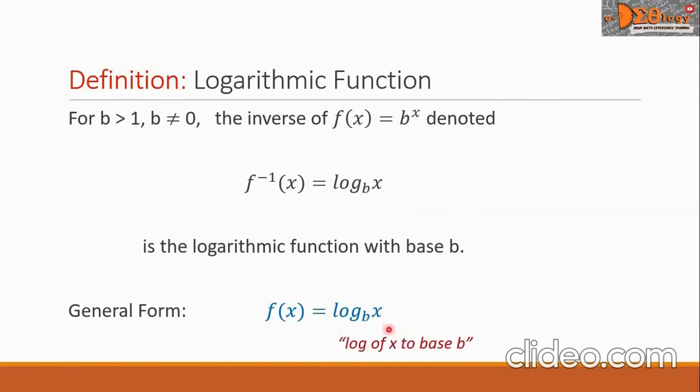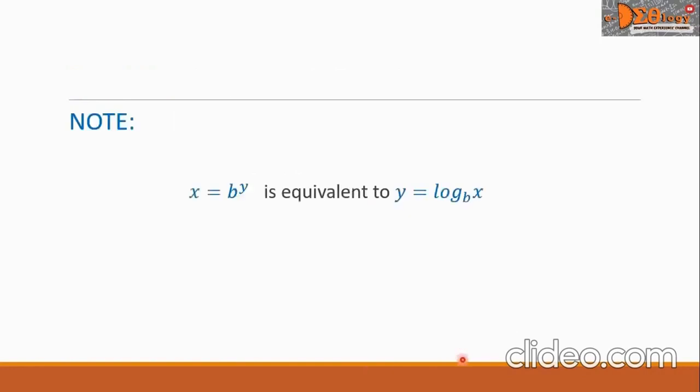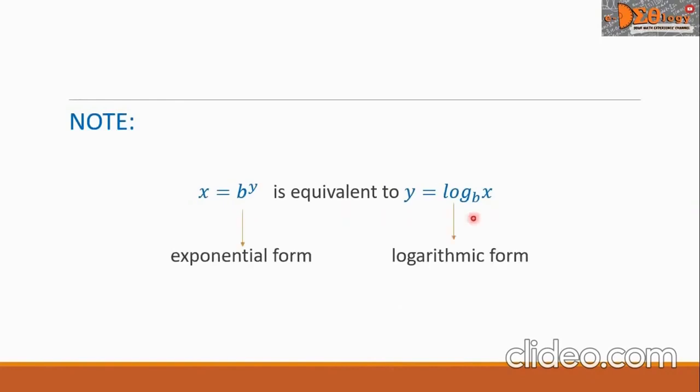We read this notation as log of x to base b. Please note that x equals b raised to y is equivalent to y equals log of x to base b. This is the exponential form, and this is the logarithmic form.